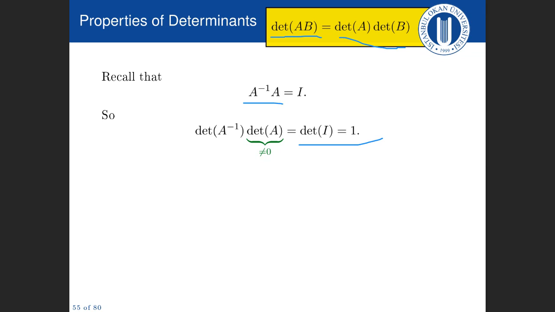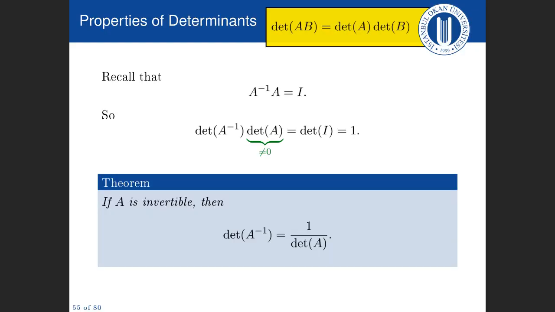That means the determinant of A inverse multiplied by the determinant of A must be equal to 1. And if A inverse exists, then A is invertible, so then the determinant of A is not equal to 0. I could divide both sides of this equation by the determinant of A, and I get the formula: the determinant of A inverse is 1 divided by the determinant of A.